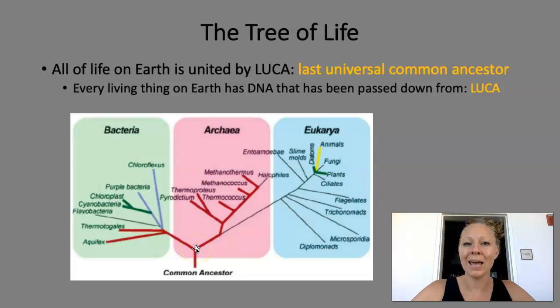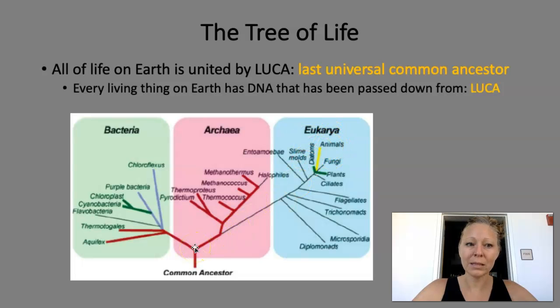The DNA of every life form on Earth descends from this last universal common ancestor. From this LUCA came the three domains of life: Bacteria, Archaea, and Eukarya. And this is where we exist right over here, animals.